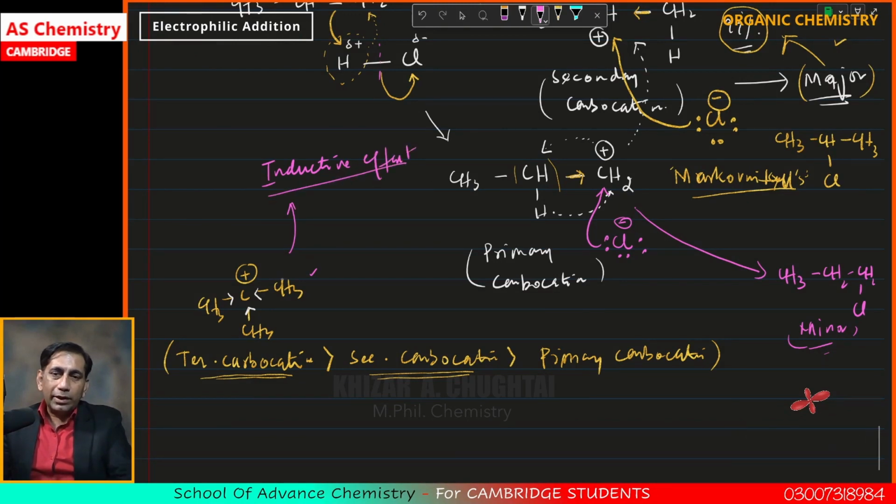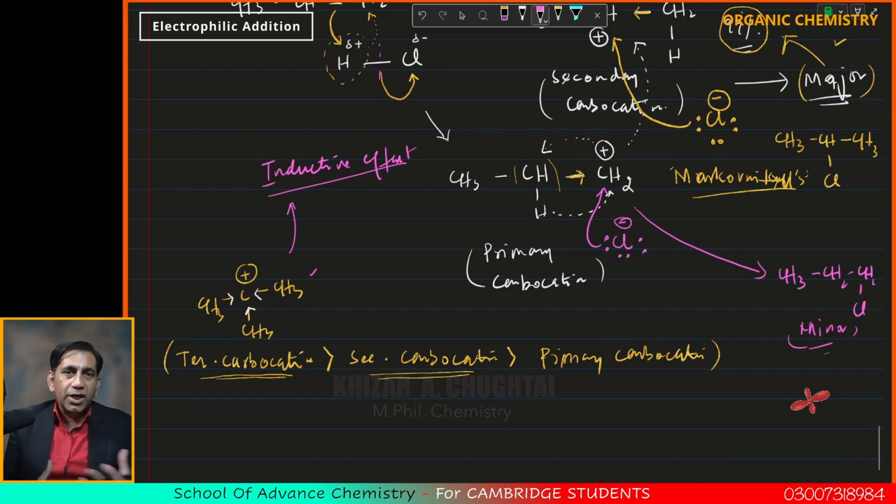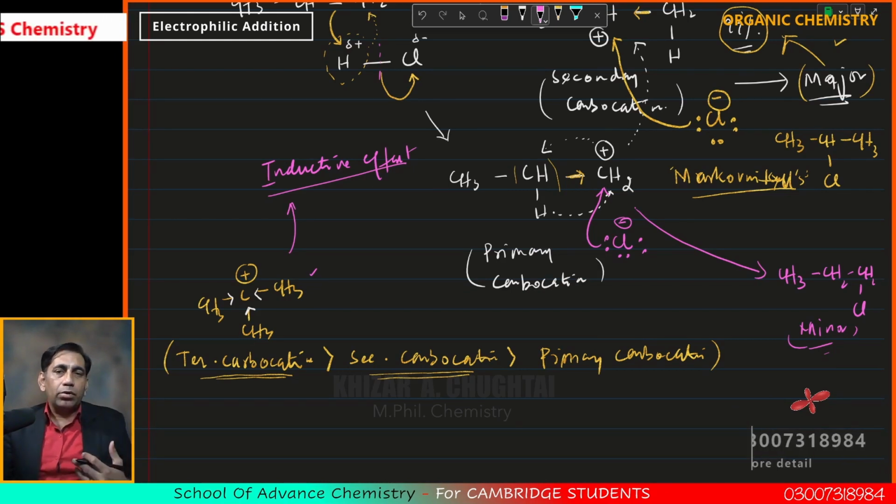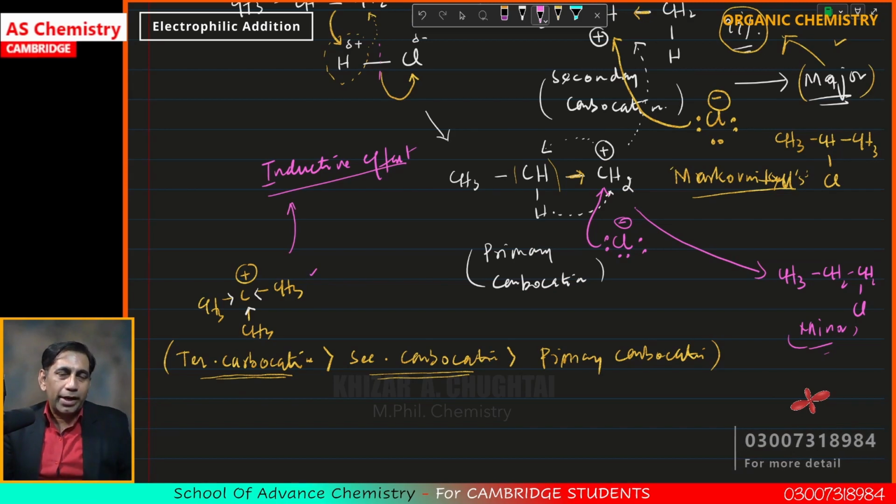All CH3 groups show a positive inductive effect. Donation of electrons is positive inductive effect, and snatching electrons, like any electronegative atom does, is called negative inductive effect.